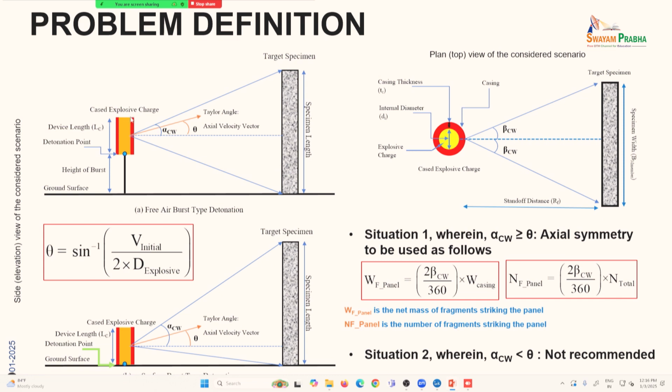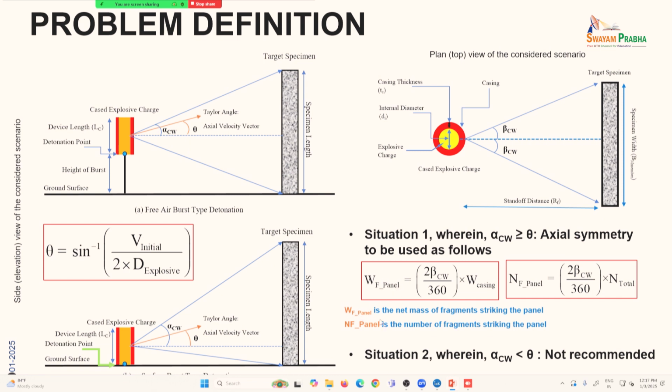And then based on the location, there is something called a Taylor angle, the angle covered, that also makes a difference. So, here you have a free burst type detonation, and at the bottom you have the surface or the ground burst.